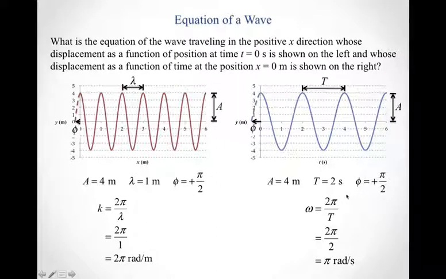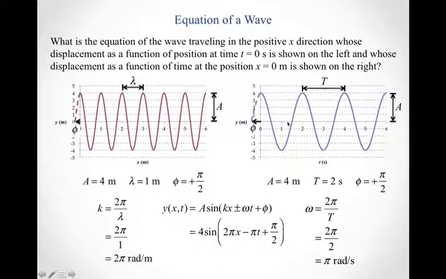I have all 4 of the pieces that I need to plug into my equation. The equation of the wave represented by these 2 graphs is 4 sine of (2 pi times x, minus pi times t, plus pi over 2). So here's the equation of the wave shown in these 2 plots.